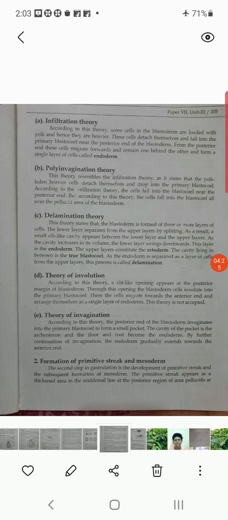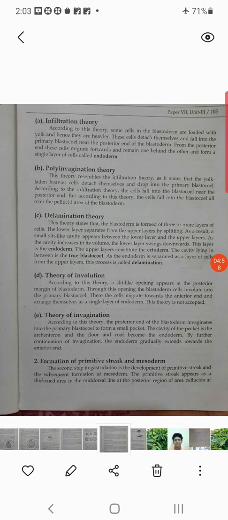So naturally we call it infiltration or invagination or involution, whatever it may be. As per the movement of the cells, the various theories were put forward. But we are interested in the formation of endoderm and mesoderm. The side cells in the area opaca enter and you get the mesoderm. Later on we will see the diagrams.